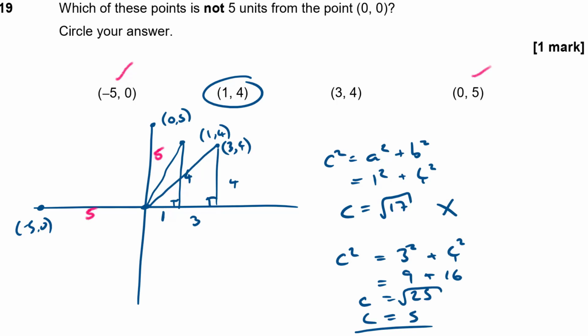So that one's good as well. The only one that isn't 5 units away from 0, 0 is 1, 4. And just a note to self, it's a really good idea to know your Pythagorean triples. It would save you a bit of work. With 3, 4, 5, you should already know that that one's going to be 5 away.